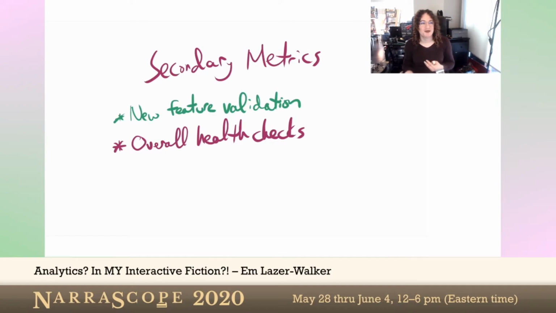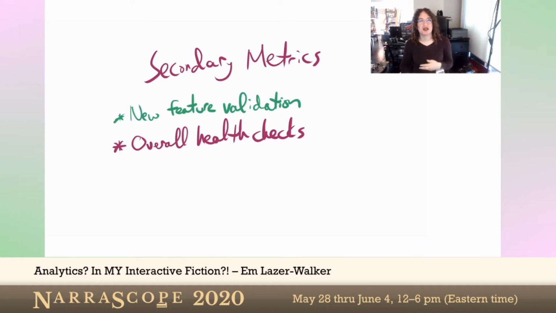You also might have a number that represents the overall health of your game in a sense. When I worked on Words with Friends, the number that we really cared about was the total number of turns played per day by all players across the entire game. When you have 25 million daily players across all platforms, that's a very large number. But it was still really useful to look at how it fluctuated.